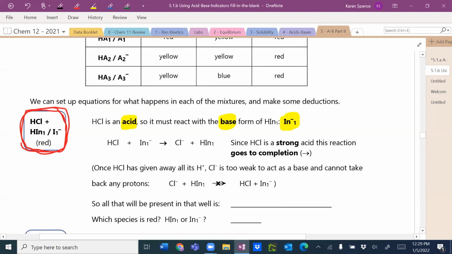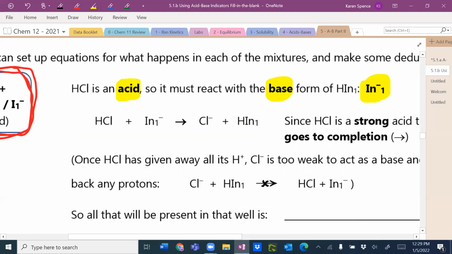And so here we put those two together. We've put our acid together with our base, and we end up with the conjugate base of HCl and the conjugate acid of IN minus, which is HIN1.